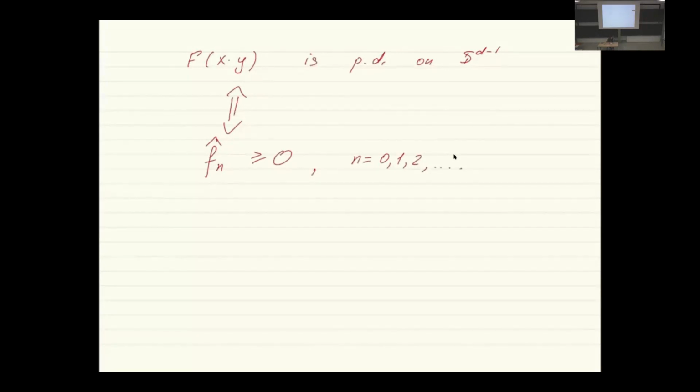Right. So this result, of course it was proved somewhat differently, but this goes back to Schoenberg. It was proved back in the 40s.